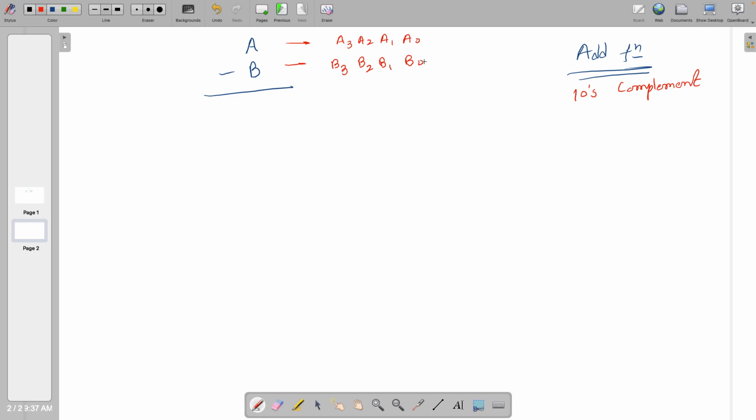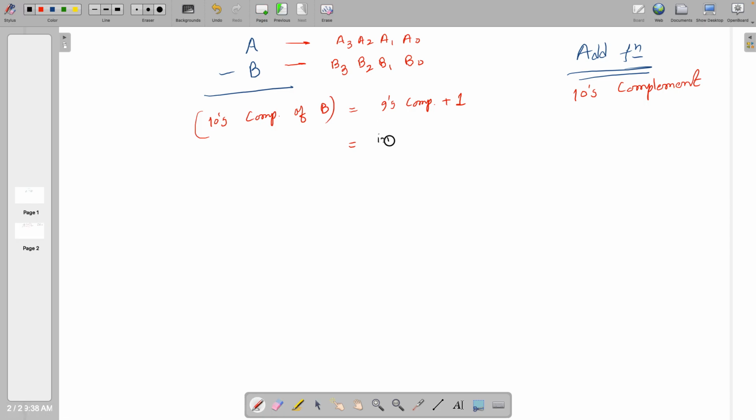Now what we need to do first is take the 10's complement of B, which is equivalent to 9's complement plus 1. Just for your information, whenever you want to find the 9's complement, you need to invert the bits.